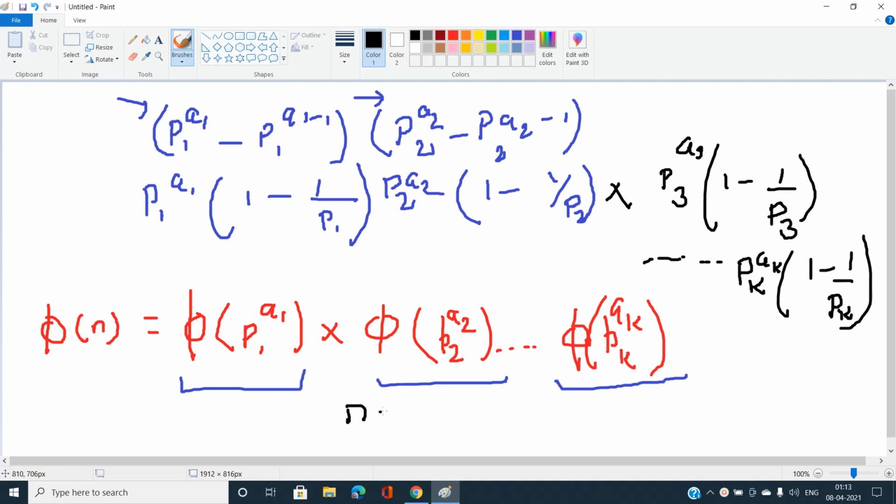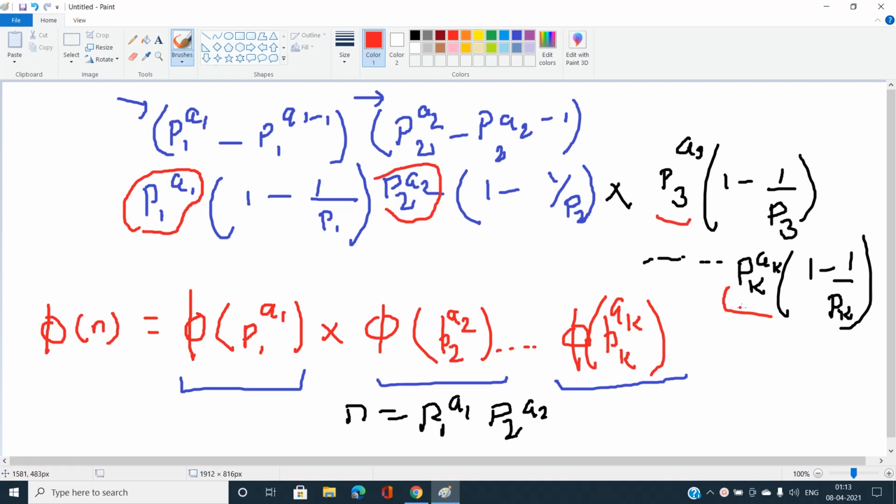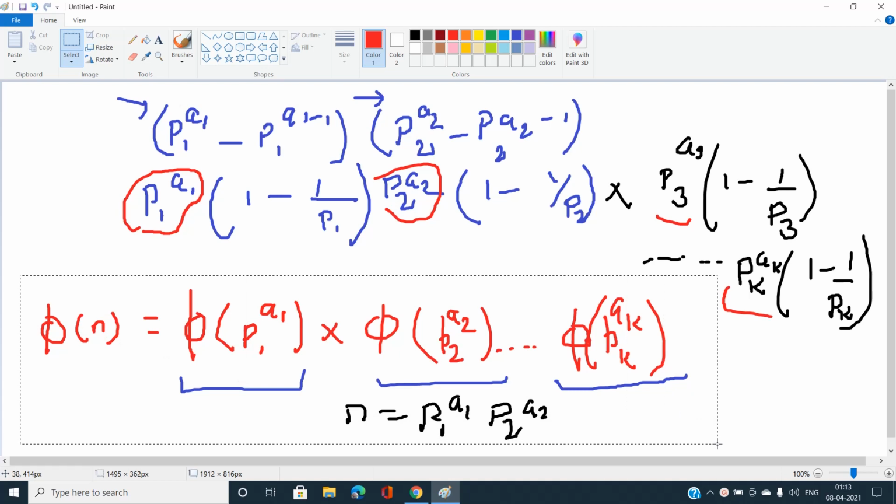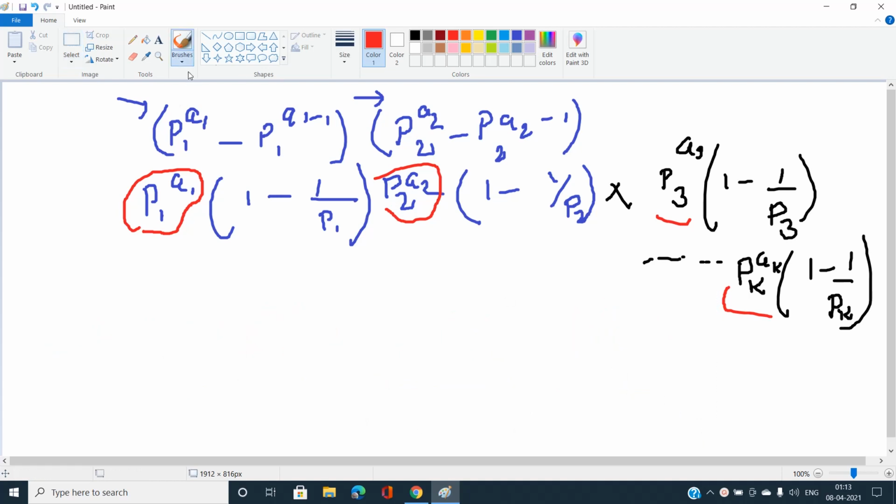One thing I have already mentioned is that any number n can be represented as p1 power a1 and p2 power a2, and it goes up to pk power ak. Now you can see there is a common term coming out from p1 power a1, p2 power a2, up to pk power ak. So I can take these terms as common and make the statement much clearer.